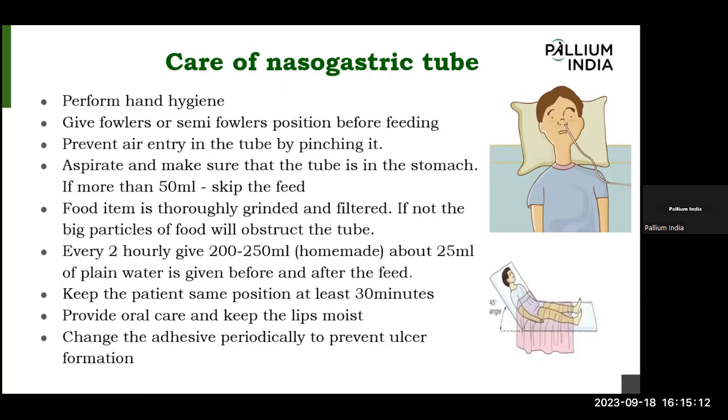My question is, if the patient is on nasogastric tube feeding, they often get aspiration pneumonia.